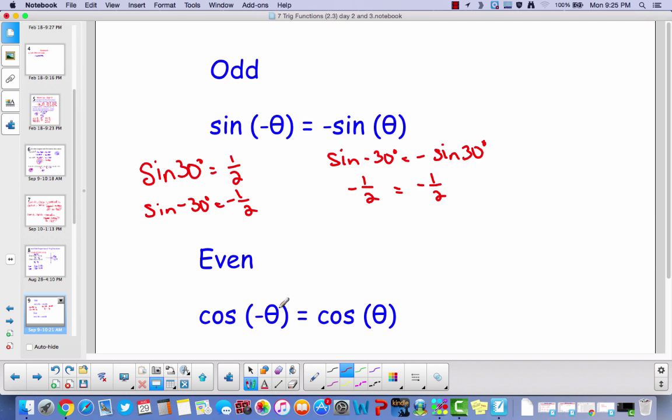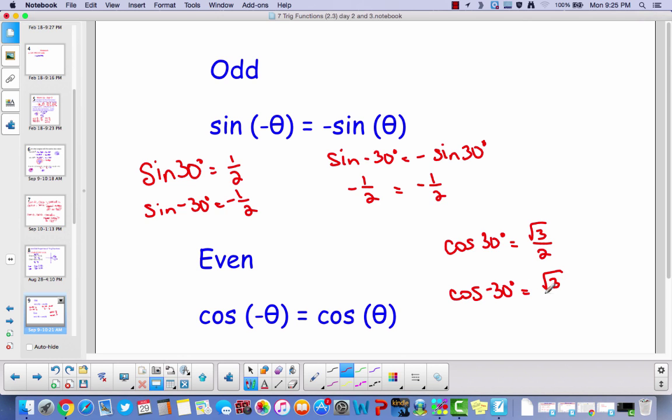How about cosine of negative theta? Is that equal to cosine of theta? Well, let's think about that one. Cosine of theta, so let's use cosine of 30 degrees. That equals the square root of 3 over 2. Cosine of negative theta would be the cosine of negative 30 degrees.